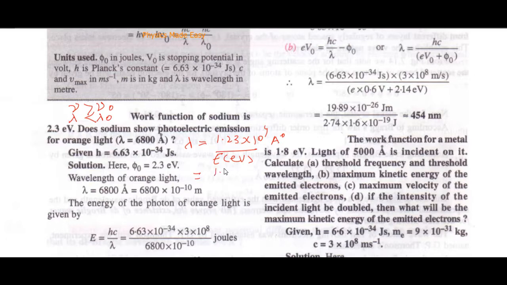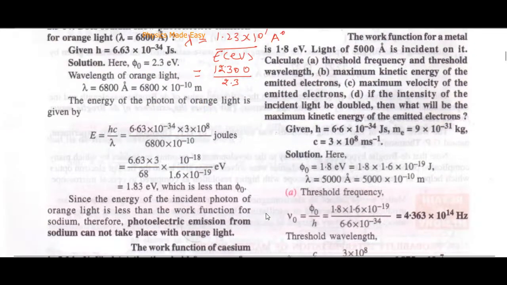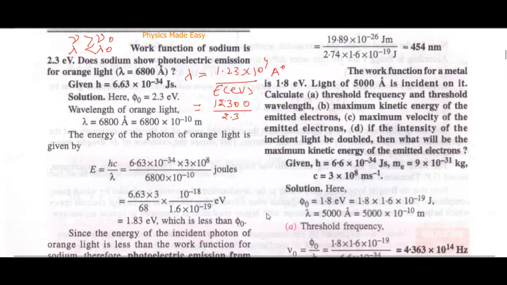This is 12,300 divided by 2.3. If we divide it by 2.3, obviously its value is expected to be less than 6,000 angstroms. So if this is less than 6,000 angstroms, then emission will take place.